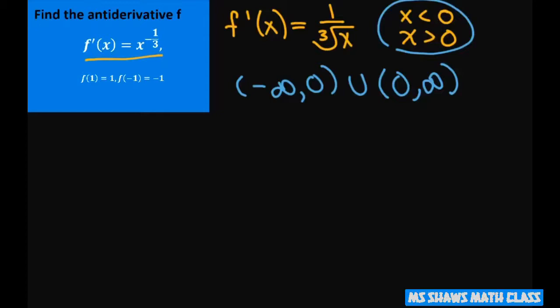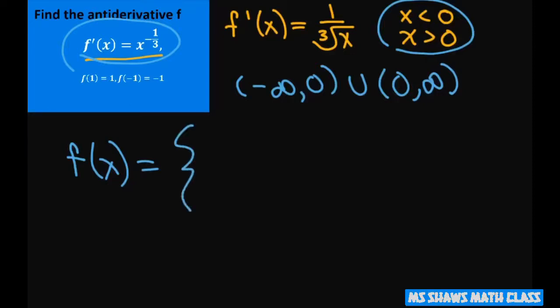So I'm going to find f of x equals, and I'm going to split this up by domain. So I want to know if x is greater than 0, and I also want to find if x is less than 0.